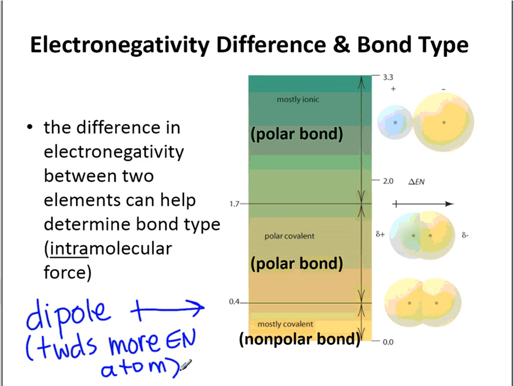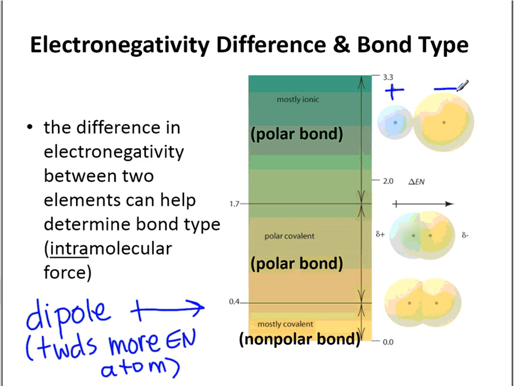And this helps us figure out bond type. When the difference between two elements is approximately greater than 1.7, that type of bond is ionic. Those are the ones that are electrostatic, shown over here: something positive and something negative holding the two elements together, positive ion and negative ion.